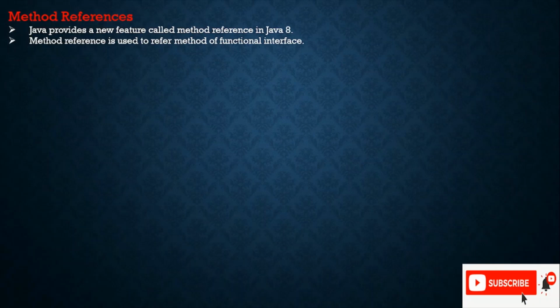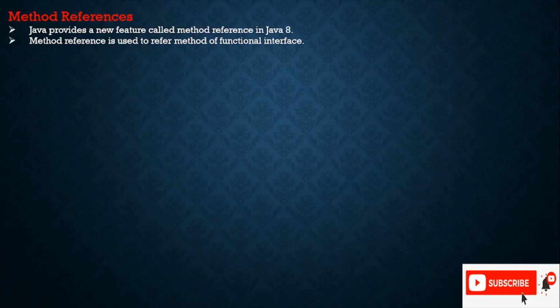Inside the calculator test class, I provided the implementation to the abstract method, that is the calculate method. I will explain how we can achieve the same by using method references.